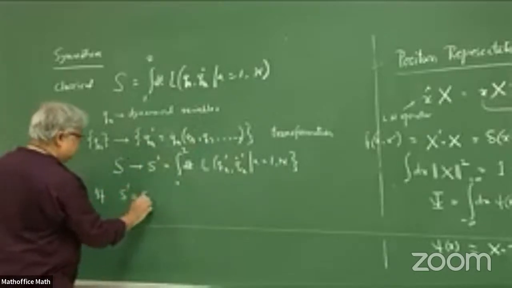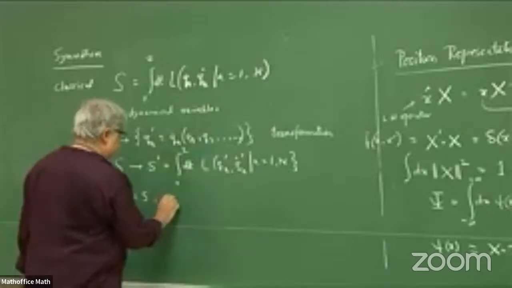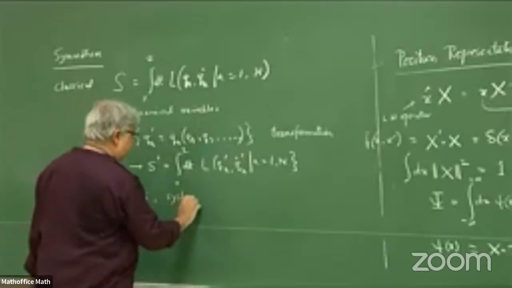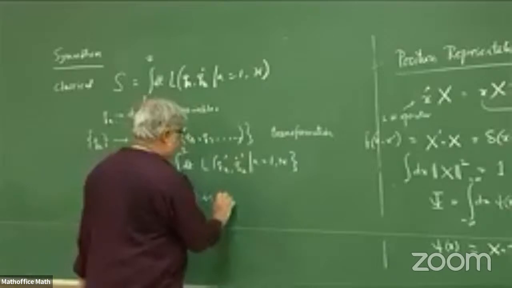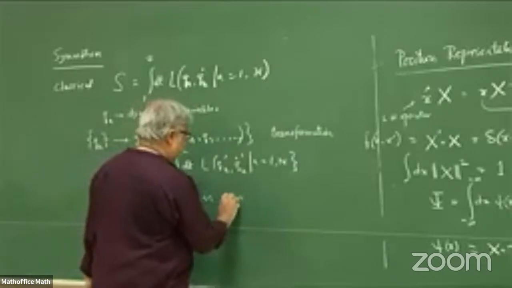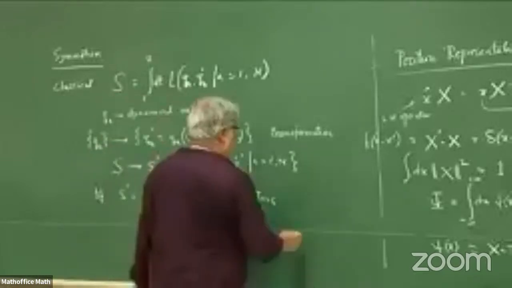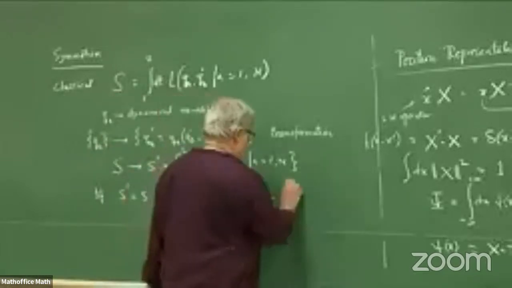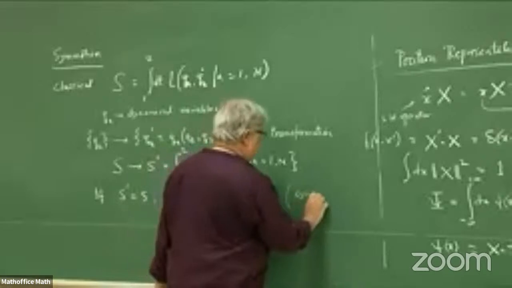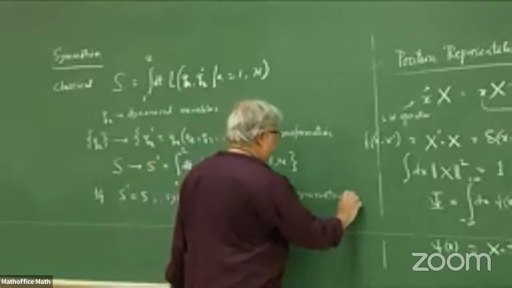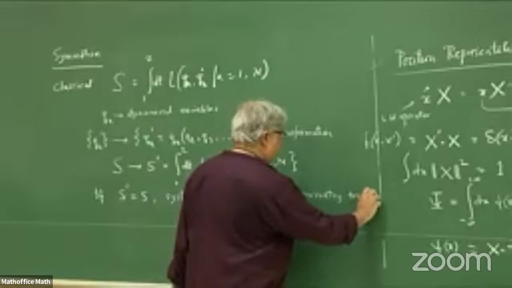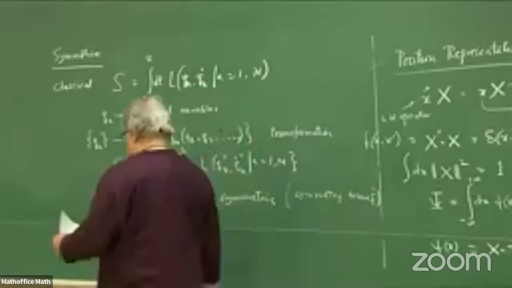So if S prime is equal to S, then it is a symmetry, and this is a symmetry transformation. What do I mean?